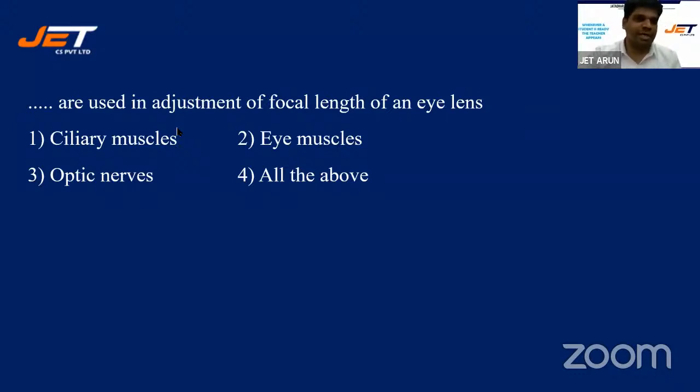So many answers and consistent answers. Few students are writing the statement. I appreciate that, but you can just write the option number. That's okay. I appreciate that, but you can also do the easier thing. All right. Let's look at the next one. Ciliary muscles is absolutely right, students. One is absolutely right. Everyone has gone right.